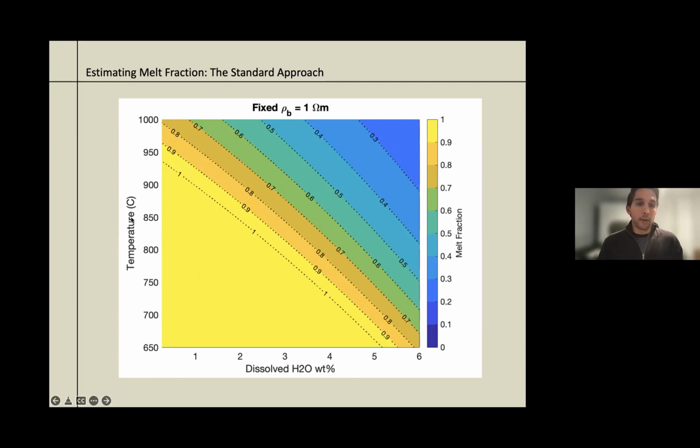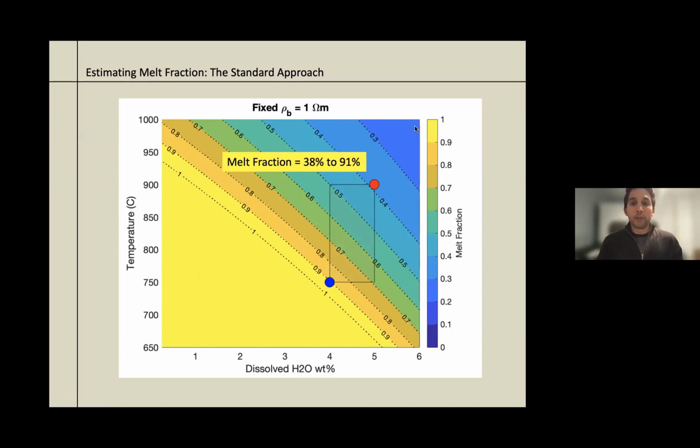So you could say, okay, well, at 850 degrees and 4 weight percent water, you can pick off the melt fraction here in the green color is around 60%. So this shows the whole range of possibilities. And again, you can plot the same box here showing this 750 degrees to 900 degrees Celsius and 4 to 5 weight percent water. And you can pick off the same melt fractions, 38% and 91%, down here. So it's just another way of showing the same information as the previous slide.